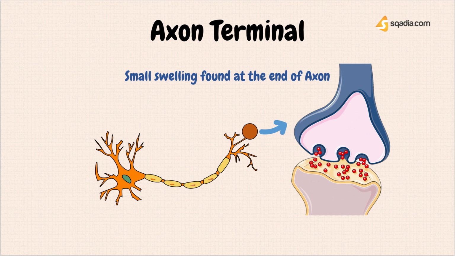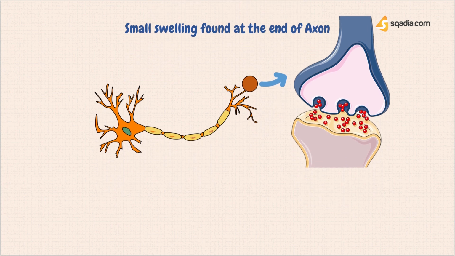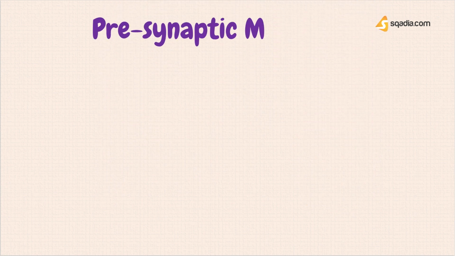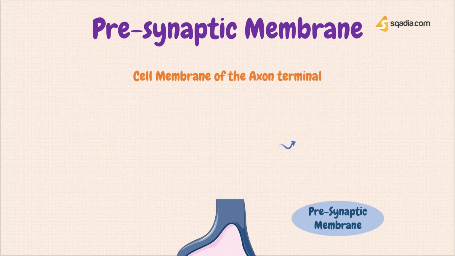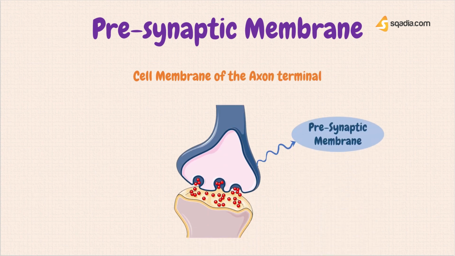Now have a look at the presynaptic membrane. Basically, the membrane present at the end of the axon is called the presynaptic membrane, and it is the cell membrane of the axon terminal. What do you think is the purpose of the presynaptic membrane? Well, it helps in the release of neurotransmitters, which are the body's chemical messengers that transmit signals to target cells.